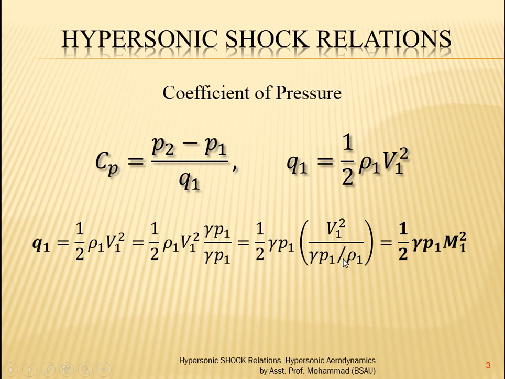So V1 square divided by A1 square is actually M1 square, and then this whole thing becomes 1 by 2 gamma P1 M1 square.